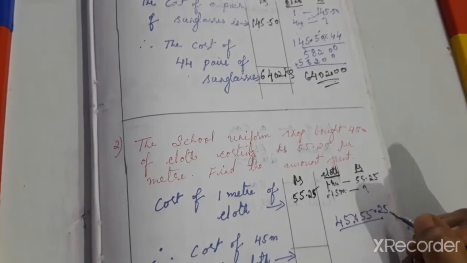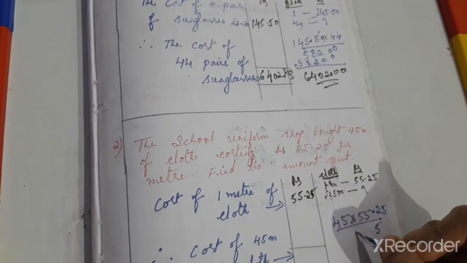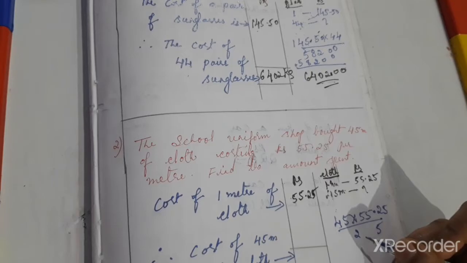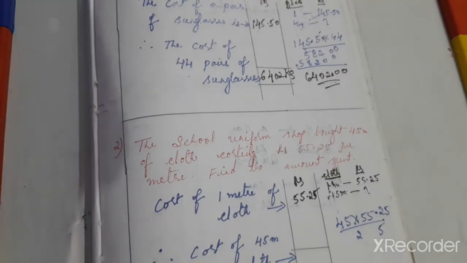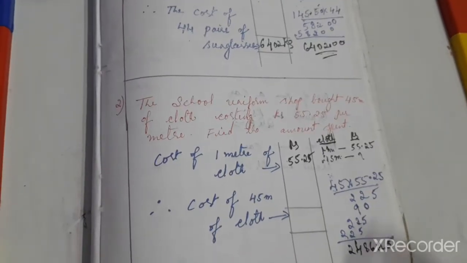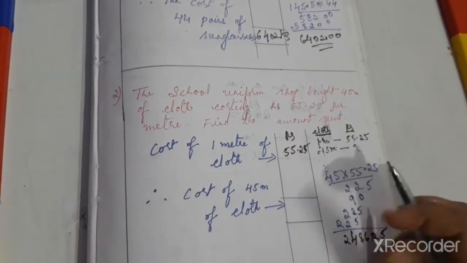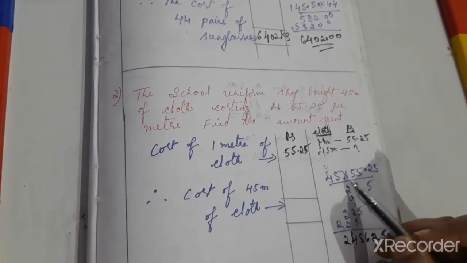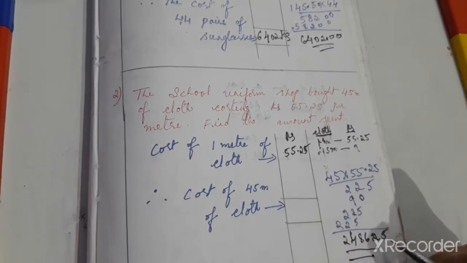55.25. 5 5s are 25, so 2 carry, 5 4s are 20 plus 2 is 22. Here, 45 into 55.25 we multiply, or we can multiply 55.25 into 45. So the answer is 248625.